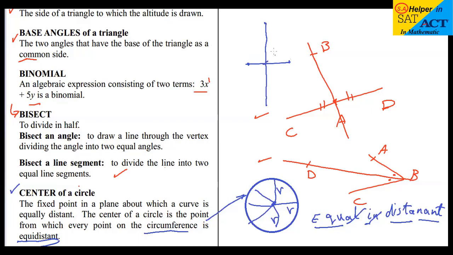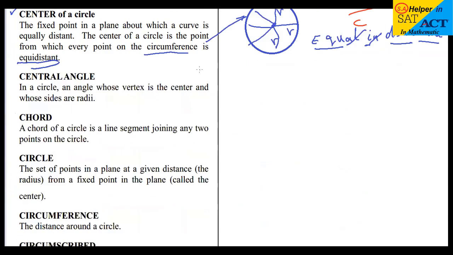It is equidistant from any point on it, equidistant from the terminals of a line segment, and also perpendicular. This is called the axis of symmetry. We will take it in excessive detail, God willing.